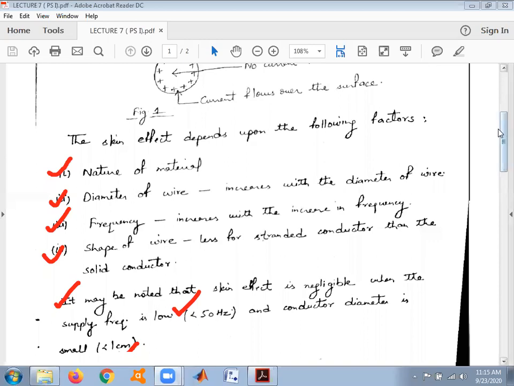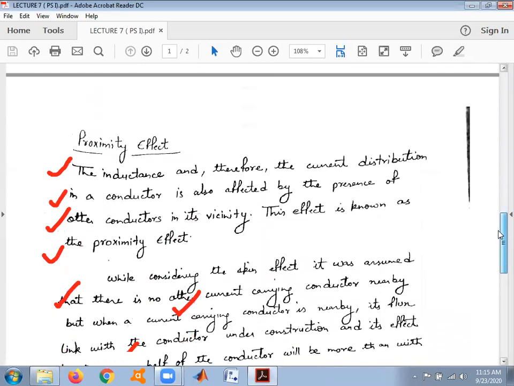The next effect which we are going to discuss is the proximity effect. It is of greater importance. The proximity effect generally occurs when there are two conductors in parallel and current is flowing in both the conductors.